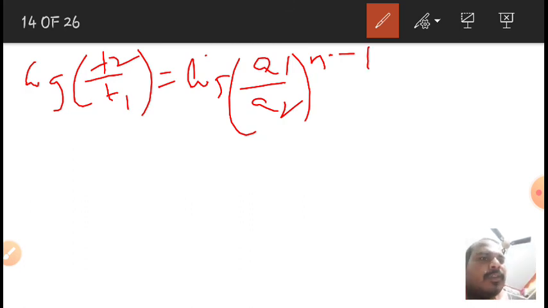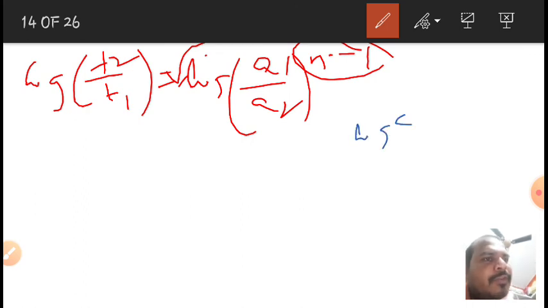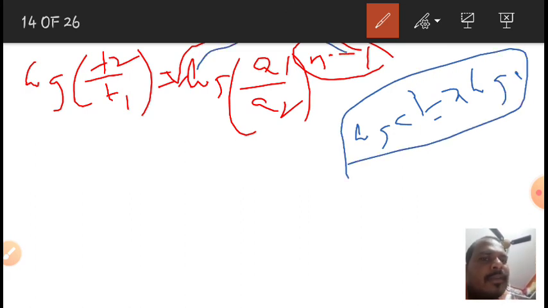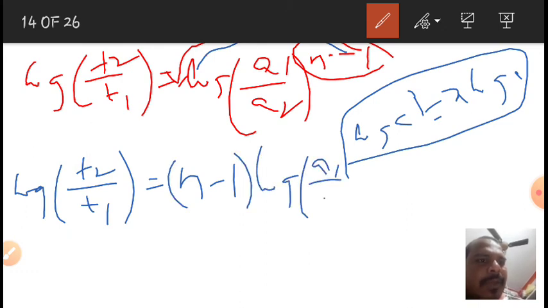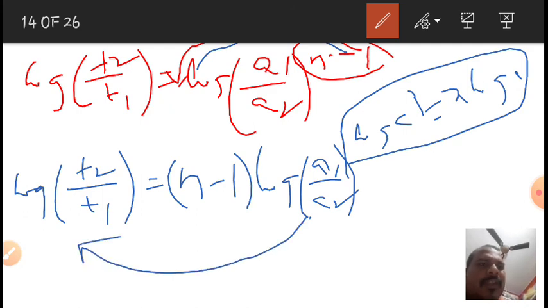So n minus 1 is in the power. We know that log a to the power of x is equal to x into log a. In this way, the equation would be log T2 by T1 is equal to (n minus 1) log (A1 by A2). So I just move this log (A1 by A2) to the left side of the equation.